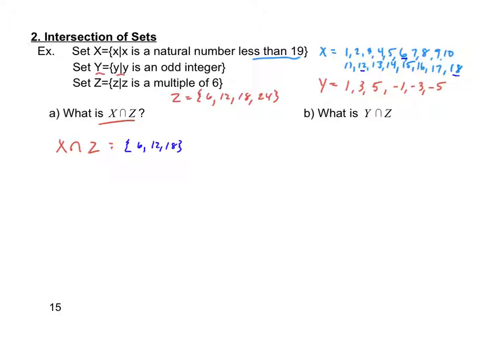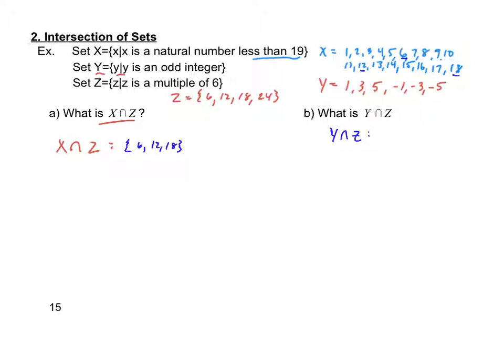Then my next one is, what is the intersection of y and z? Y is all odd integers, and z is multiples of 6.